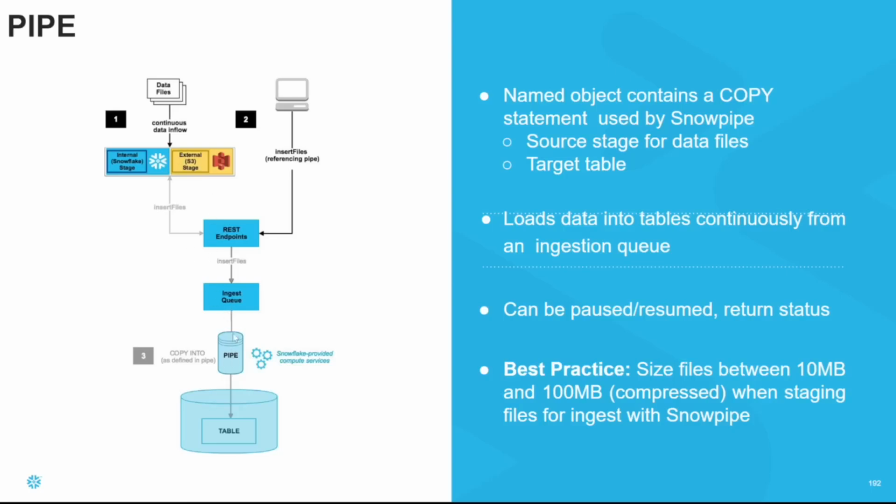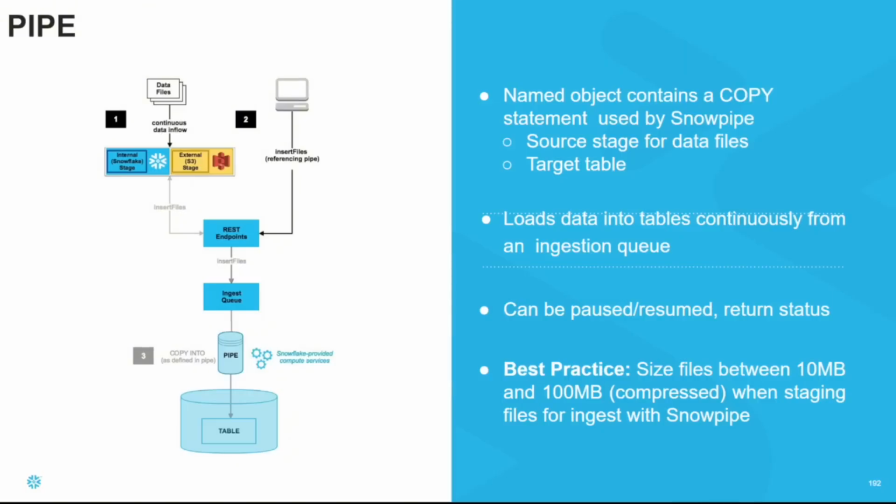Through that event, the pipe will get to know that a file has been loaded to your S3 bucket, and it will run a copy command in an auto ingest mode, and that data will be loaded into a table.